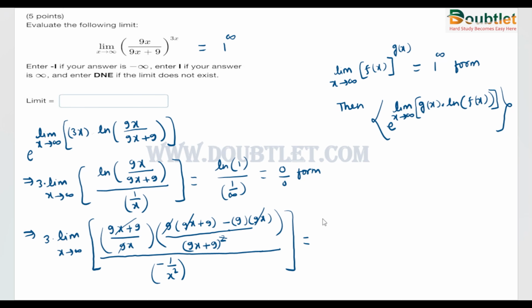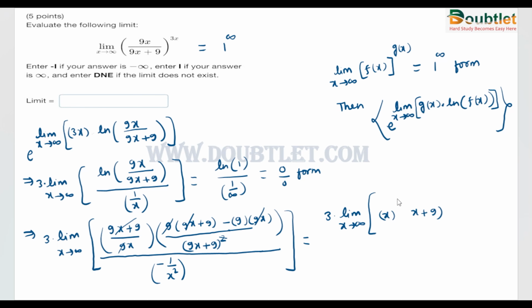So what we have got: 3 multiplied by limit extending to infinite. Here what we got is only 9. So it is like 9 divided by x multiplied by (9x plus 9). We can cancel 9 by 9 by taking the common factor here.